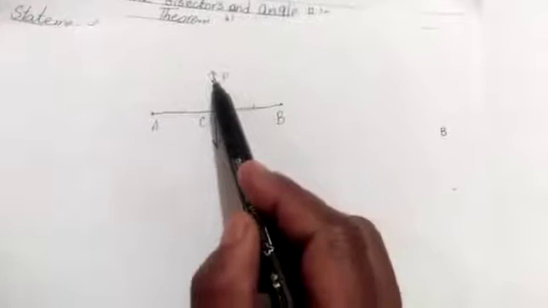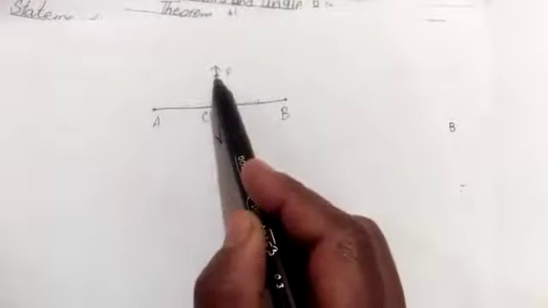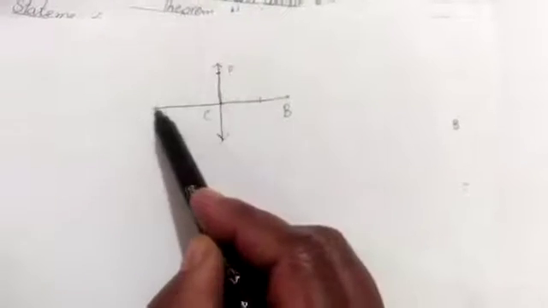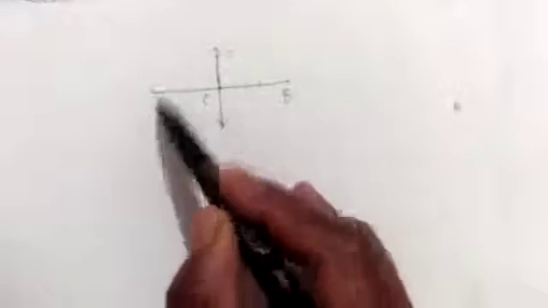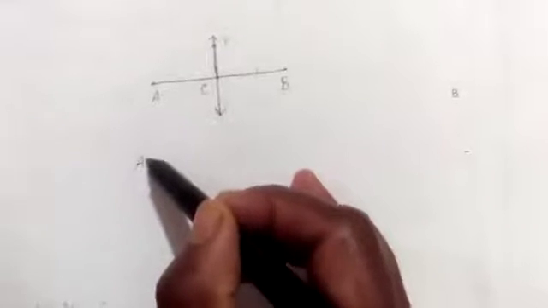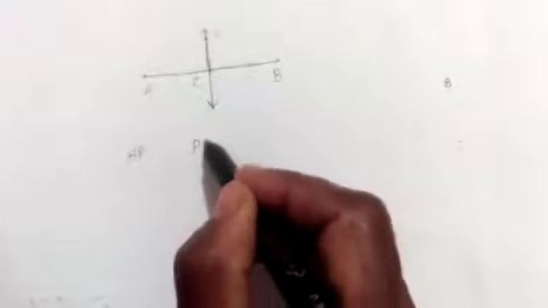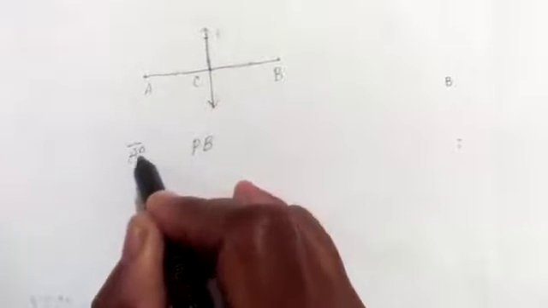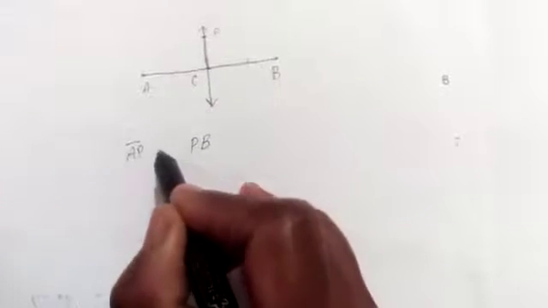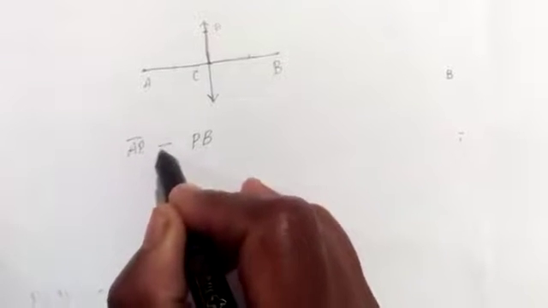They said prove that P is equidistant from these points. So the distance from P to A becomes AP and the distance from P to B is PB. We write this distance as PA or AP, and they said prove that they are equal.